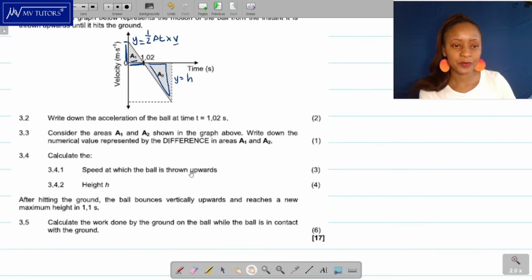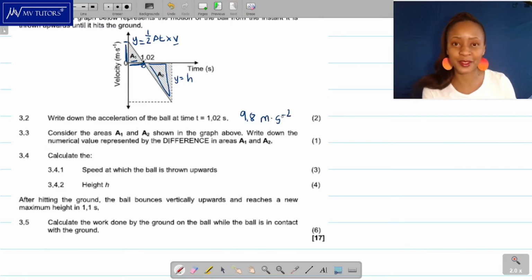It says write down the acceleration of the ball at time 1,02 seconds. That is when it has reached its maximum height. At that point, velocity is 0. So the only acceleration acting, which is constant, is gravitational acceleration, and the value of that would be 9,8 meters per second squared.